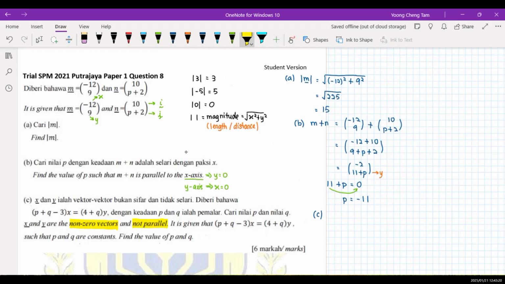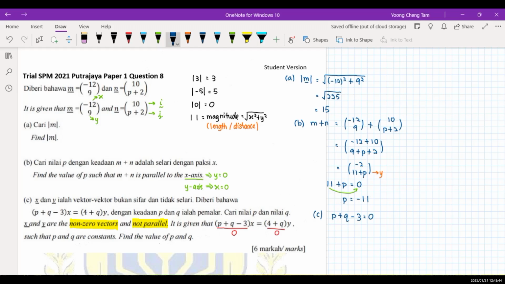So if you look at the equation, p plus q minus 3 will be 0 and 4 plus q will be 0. Non-zero vector, not parallel, so the coefficient is 0. First one, p plus q minus 3 equal to 0.